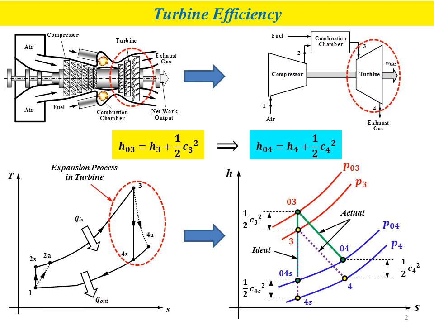And the stagnation enthalpy at the outlet, H04, equals H4, the static enthalpy at the outlet, plus the kinetic energy of the fluid at the outlet of the turbine, half C4 squared. So these are the stagnation enthalpy formulas for the expansion process in the turbine.